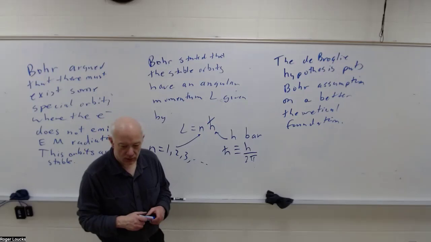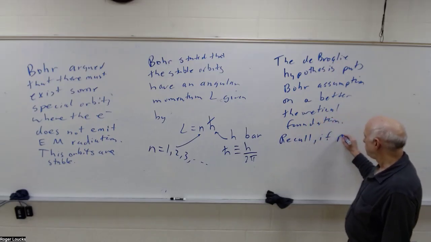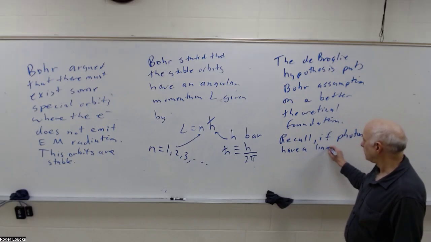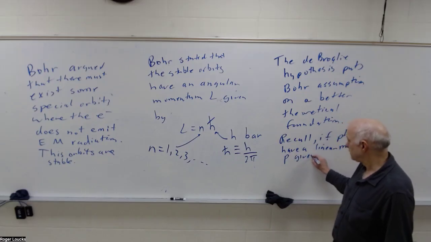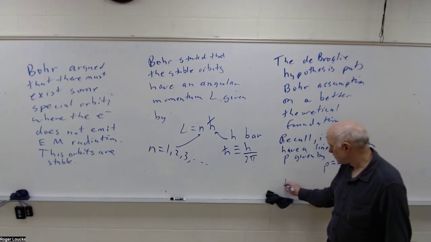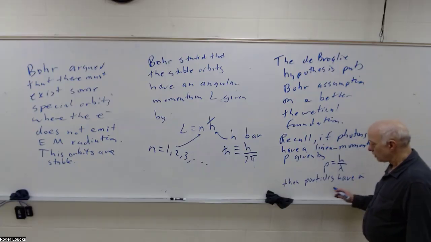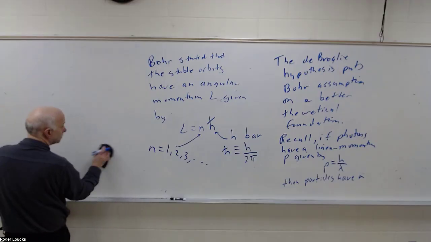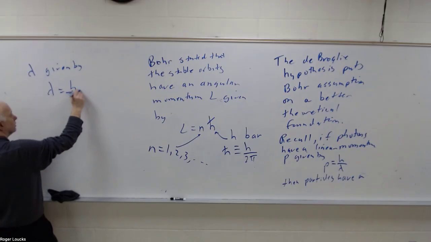If photons have a linear momentum p given by p equals h over lambda, then particles have a wavelength lambda given by h over p.